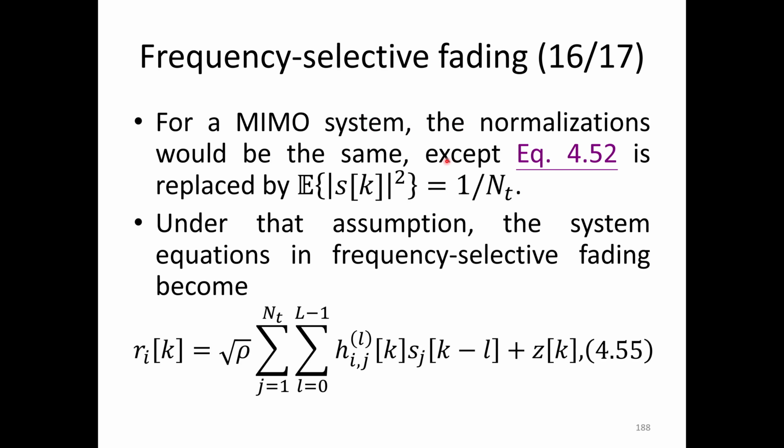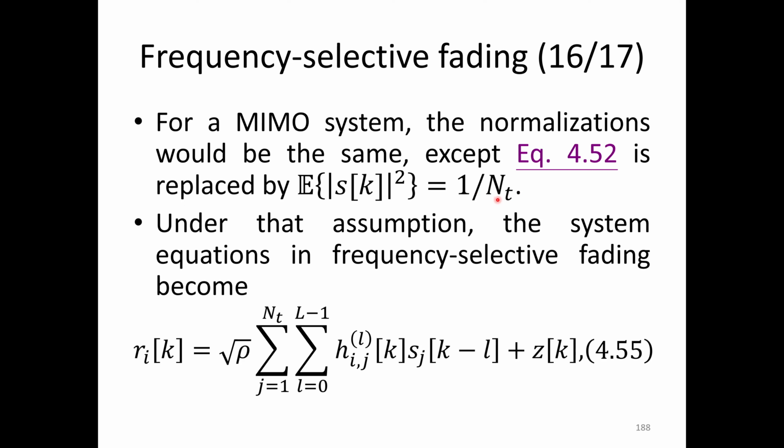So equation 4.52 is replaced by the expectation of the square of the absolute value of S of k is equal to 1 over nt, where nt is the number of transmit antennas.